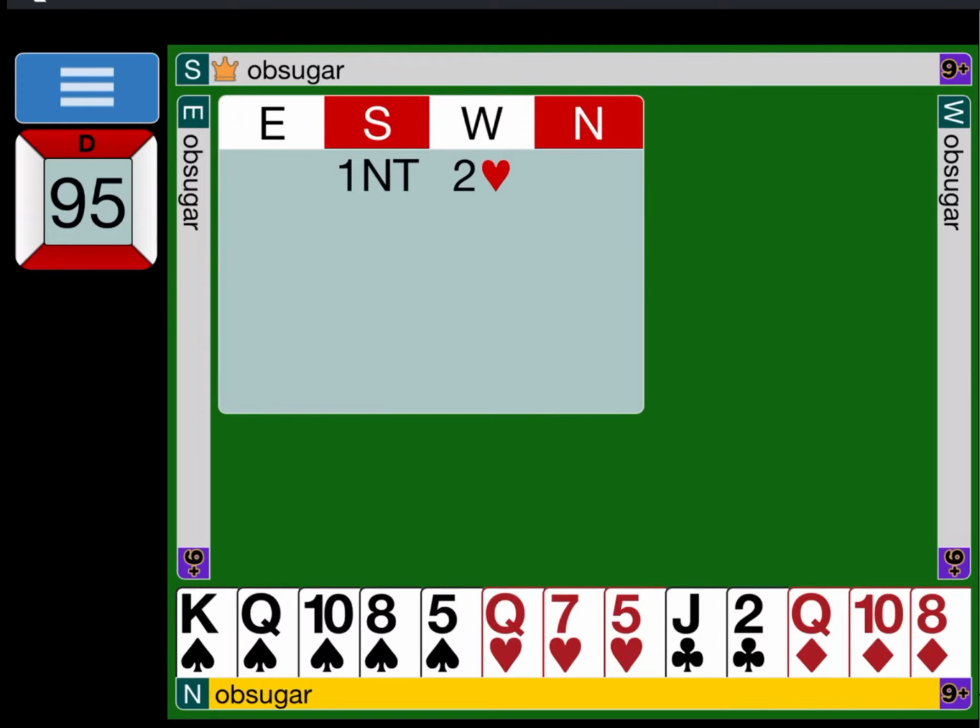What would your plan have been? Think about that, because it usually leads you to the right spot. You're going to go, oh, I've got a long suit and game forcing, I should be at the 3 level. So here he's got 5, 7, 8, 9, 10, kind of soft points.